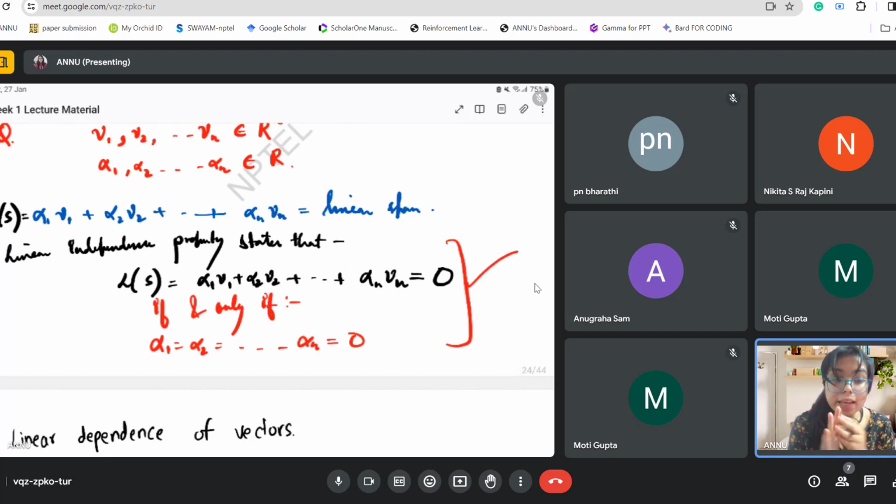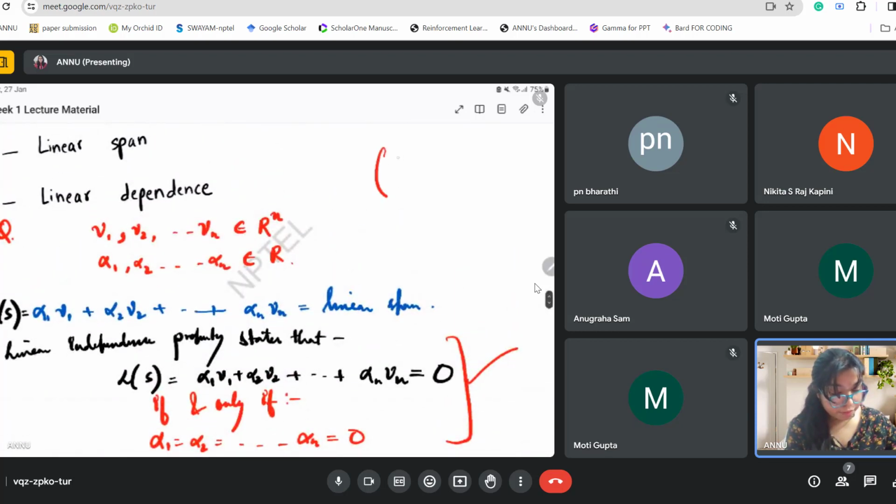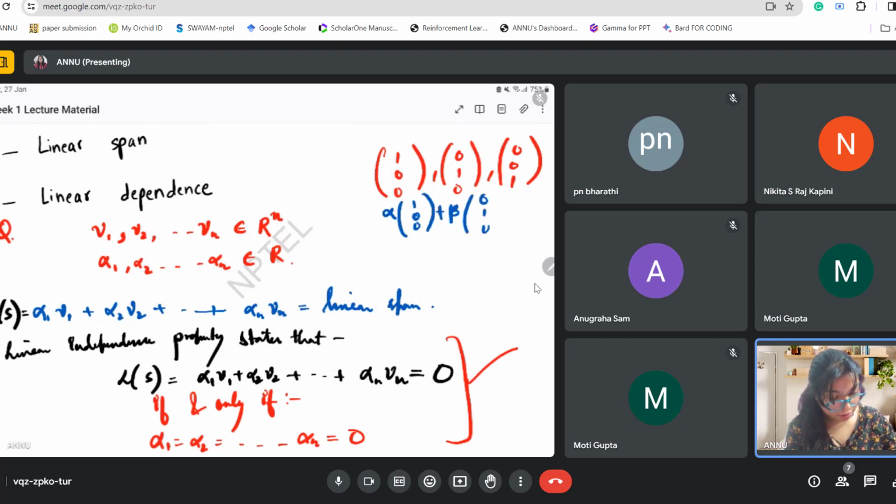For example, we saw i, j, k. So if you sum it, you will have 1 0 0, 0 1 0, 0 0 1. If you sum it, alpha 1 0 0 plus beta 0 1 0 plus gamma 0 0 1 is equal to 0, you will have three equations, right? Alpha plus 0 plus 0 is equal to 0.